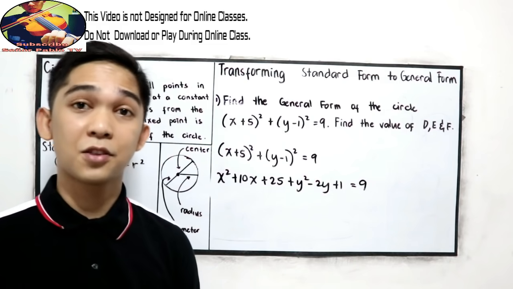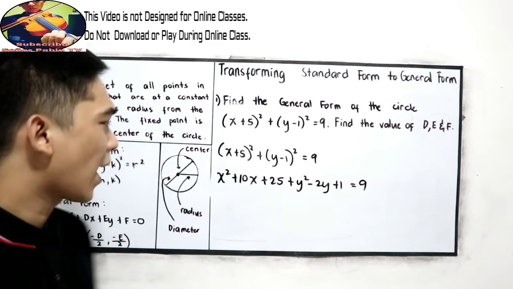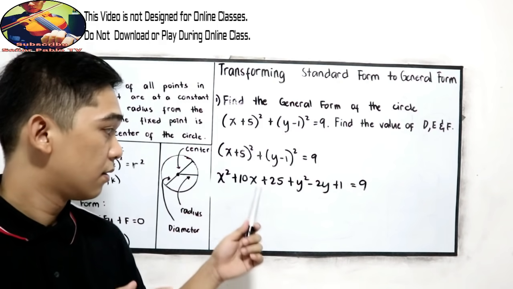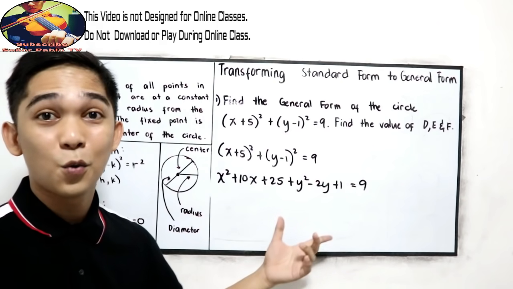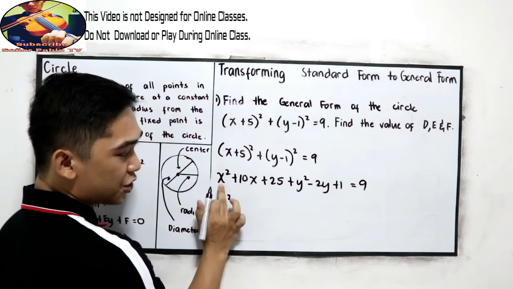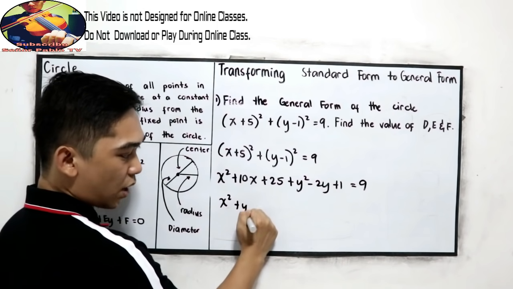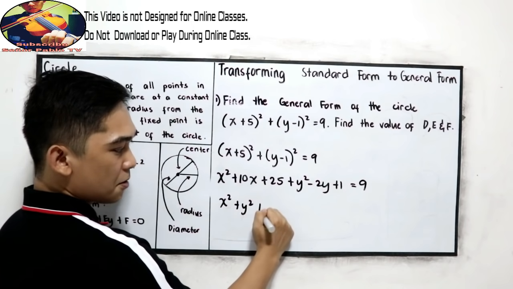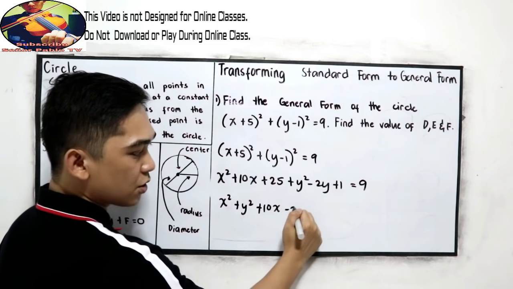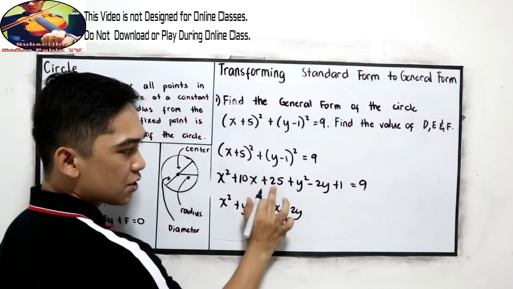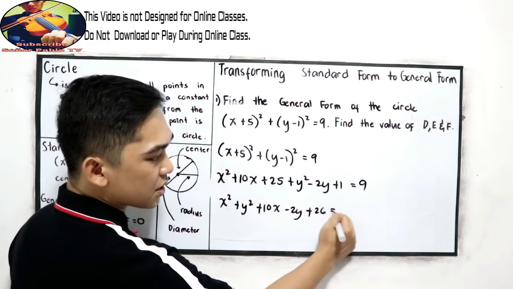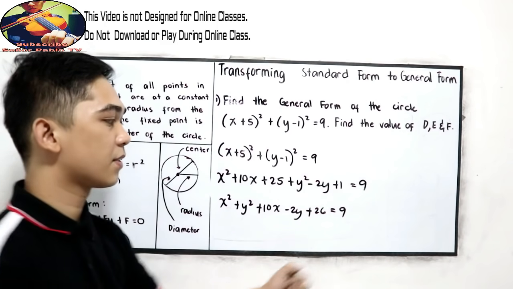Now, combine like terms. While combining like terms, you can now rearrange our equation. So, x squared, let us rearrange now, plus y squared, plus 10x, minus 2y, so 25 plus 1, that is positive 26, is equal to 9.